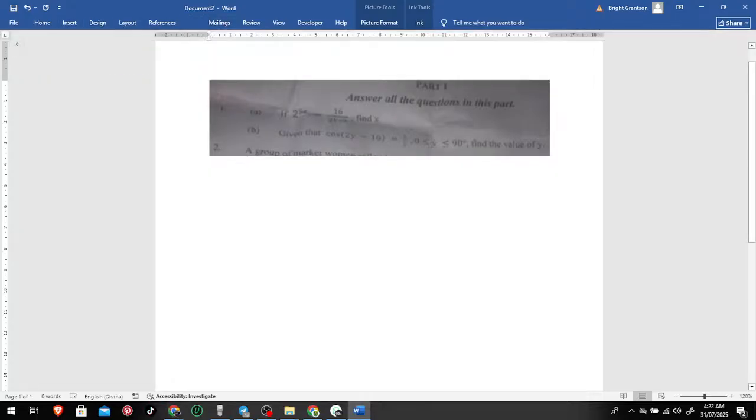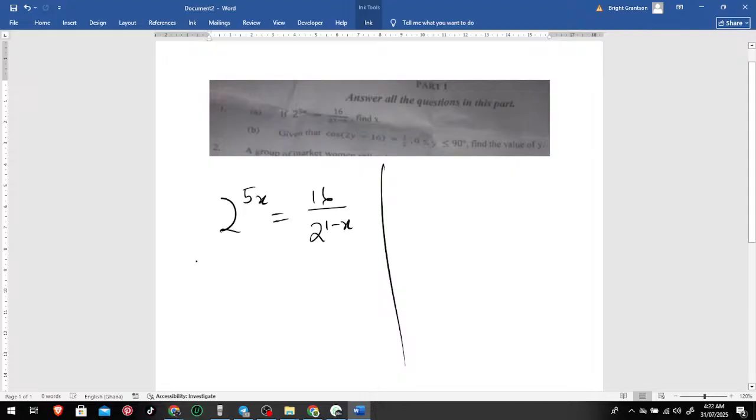So this is question 2. 2 exponent 5x equals 16 over 2 exponent 1 minus x. Right? If you are solving something like this, you have to cross multiply. So this becomes 2 exponent 5x times 2 exponent 1 minus x equals 16.